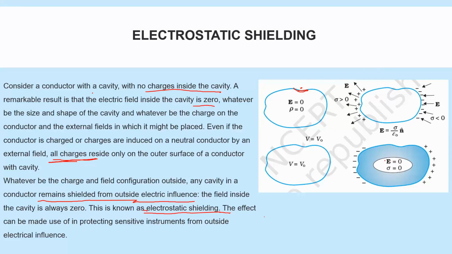Suppose this is your entire conductor and this is a cavity inside, you can see that the electric field is zero and the surface charge density is also zero. And the electric potential inside this cavity is also constant, since the electric field is zero.